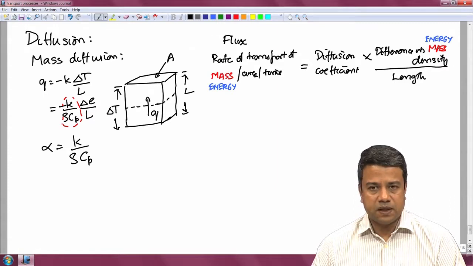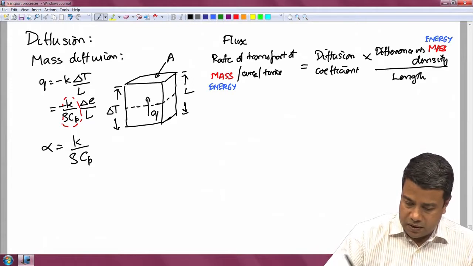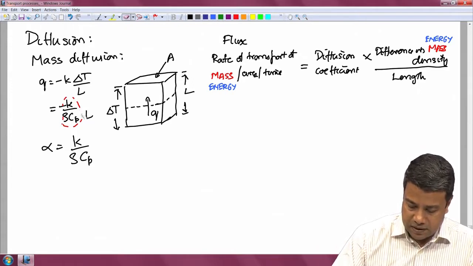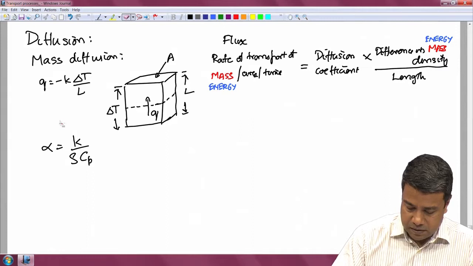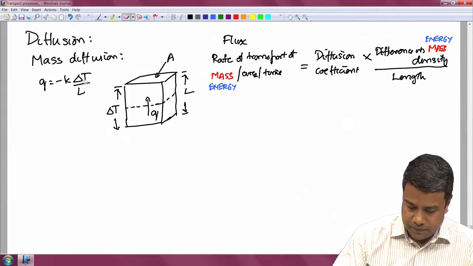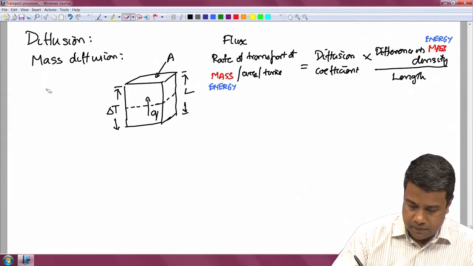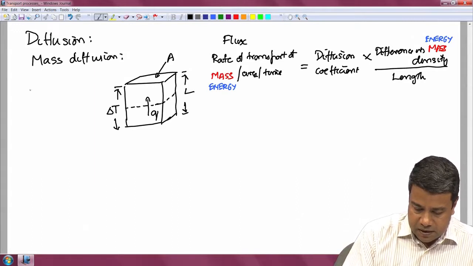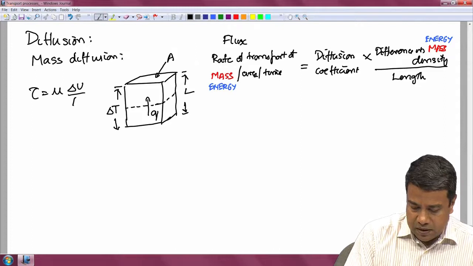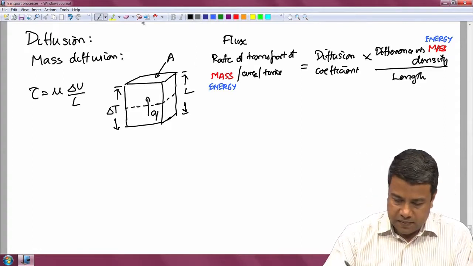Now, I can do the same thing for momentum as well. You know that Newton's law for viscosity can be written as tau is equal to mu delta U by L. So, I have the same system here.